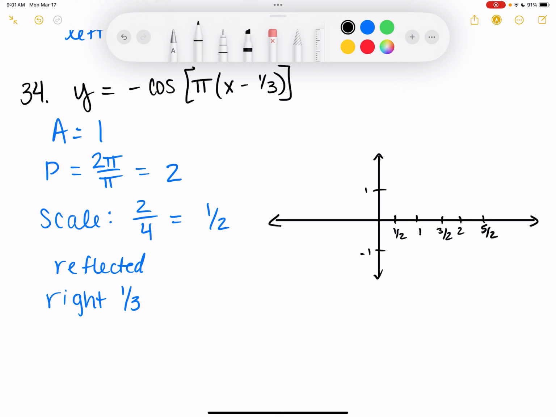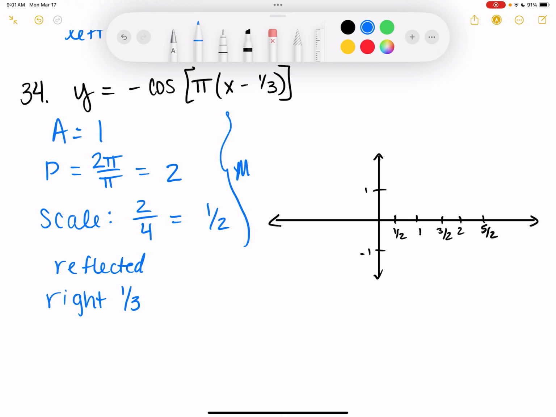So where does a cosine graph start? At 1. In this case, it normally would be whatever the amplitude is, which our amplitude is 1. So again, baseline graph here, I'm going to do in blue.